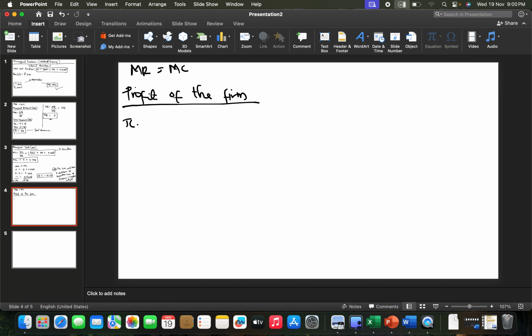So with the profits of the firm, you know that profit is total revenue minus total cost. So we have to solve for the total revenue. Total revenue is P times Q, where we have P to be 5. Now the issue is with this Q, what do we put there?